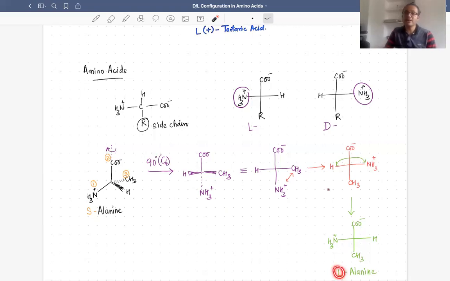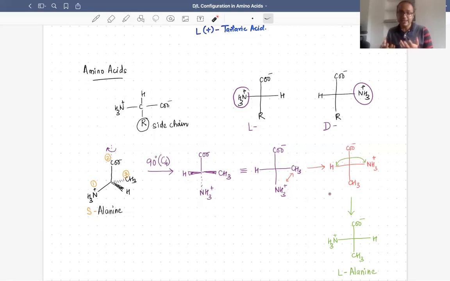Now you would have a doubt about why we are using D and L. We can relate glyceraldehyde being used in monosaccharides, why we use D and L, because it all started with the monosaccharides, but why are we using it in amino acids? What I can think of as a reason is that these are natural compounds. In natural compounds, since carbohydrates were classified on the basis of D and L configuration, we said that the D form is the most abundant natural form of the monosaccharides.